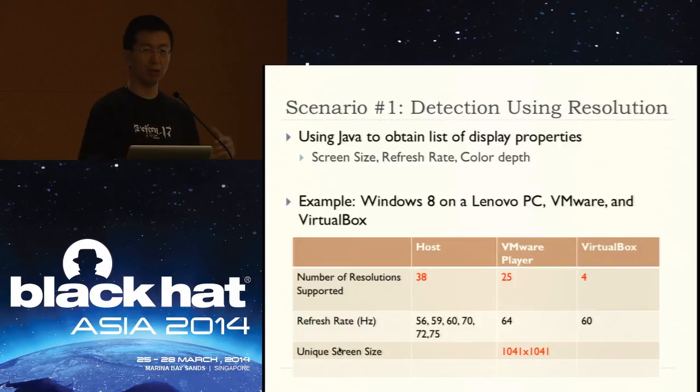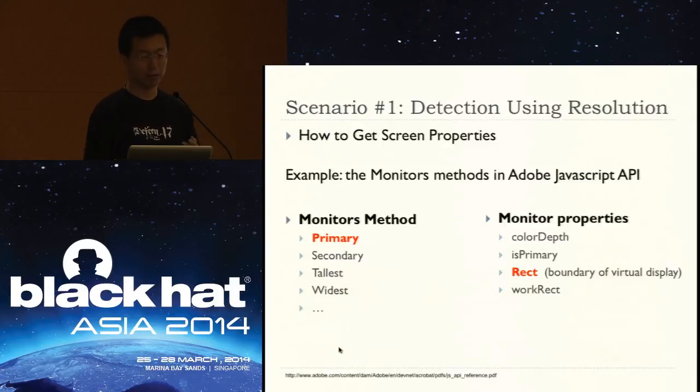So this is a dummy example, certainly used in Java. You might say, hey, what if I have a virtual appliance that doesn't even run Java? Well, again, there are other interfaces. For example, what I show here is that you can actually use JavaScript. This is the Adobe JavaScript API, and it exports lots of information about the display.